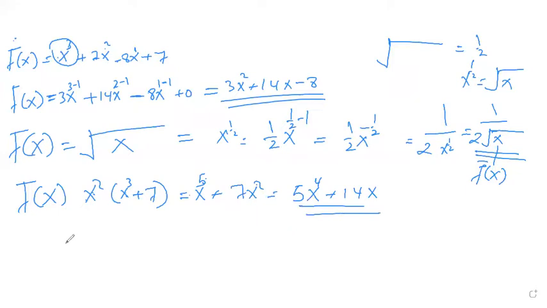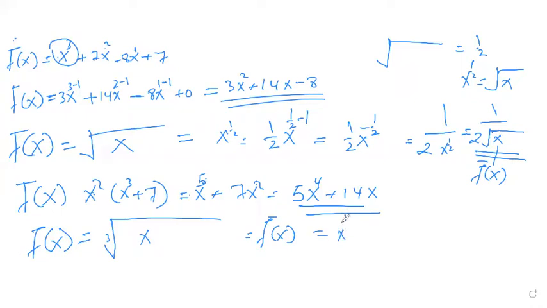Another one I'm going to solve is the cube root of x. This is how I'm going to do it as a power. I'm going to write it like this: x power a third. This means I'm going to bring a third to the front, then 1 over 3 minus 1.